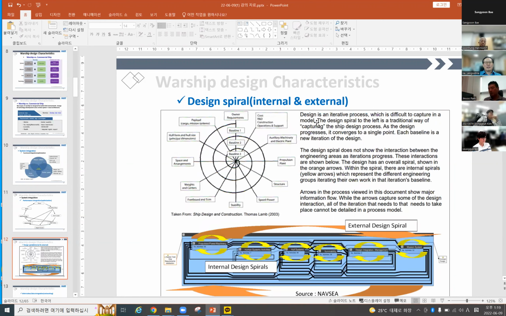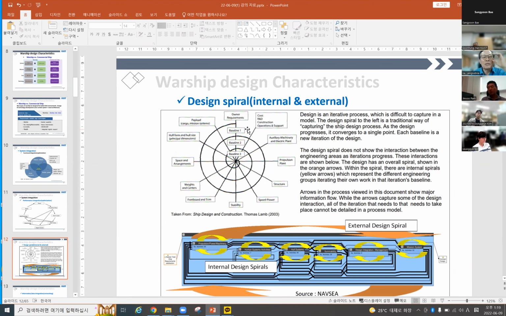Design spiral. As you see, many naval architects can see it like this design spiral. First is the concept design. Baseline 1 is the concept design, baseline 2 is the basic design, and baseline 3 is the detailed design.